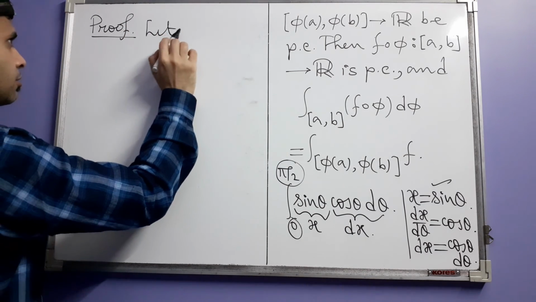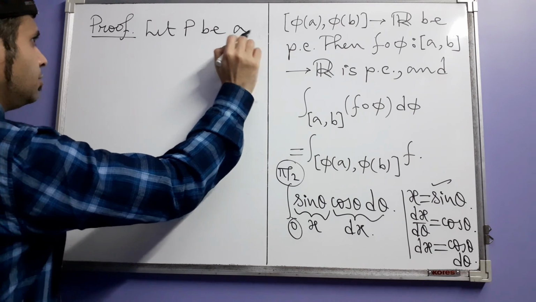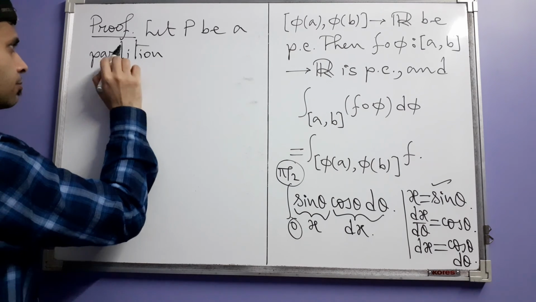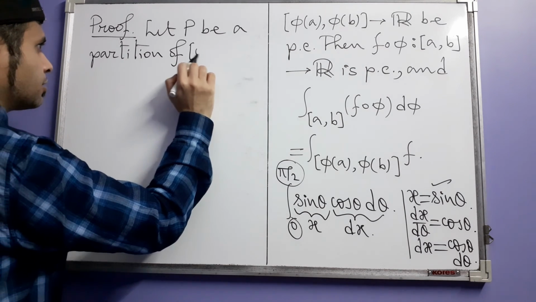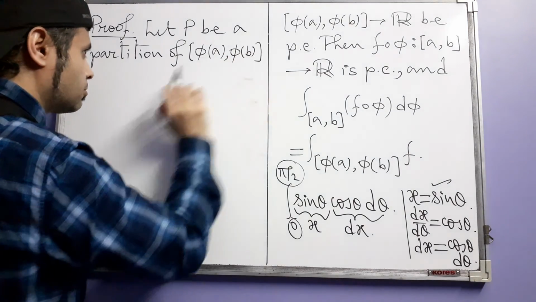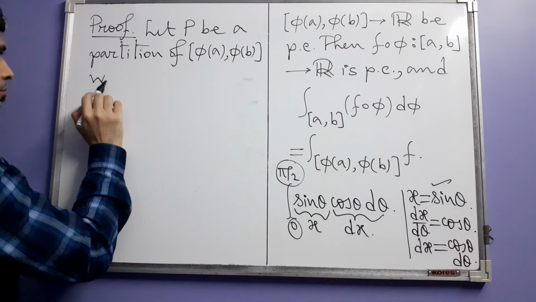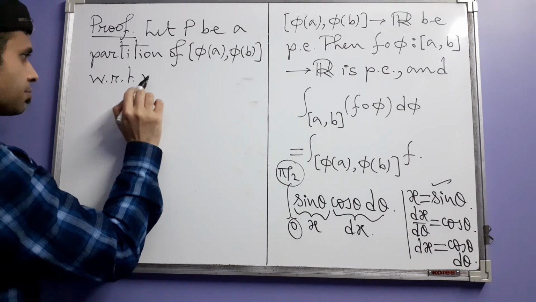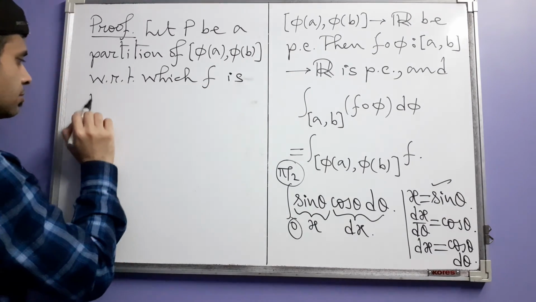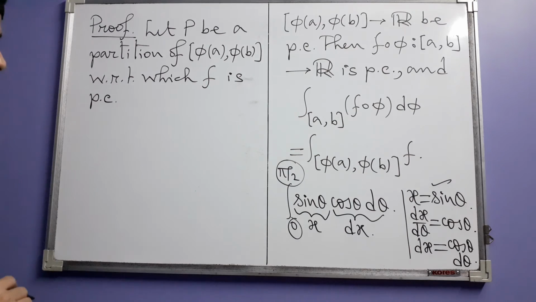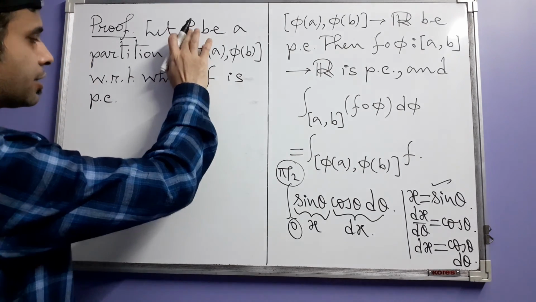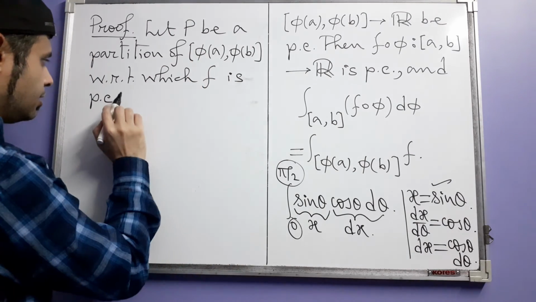Let P be a partition of this interval with respect to which f is PC, piecewise constant. We can also assume, without losing generality, that the partition P does not have the empty set as an element.